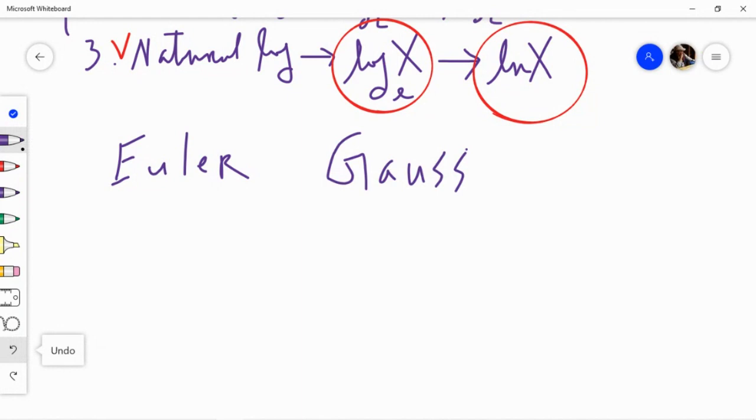It's not like your tongue is strapped or constrained so that you cannot pronounce it as Gauss or Euler.